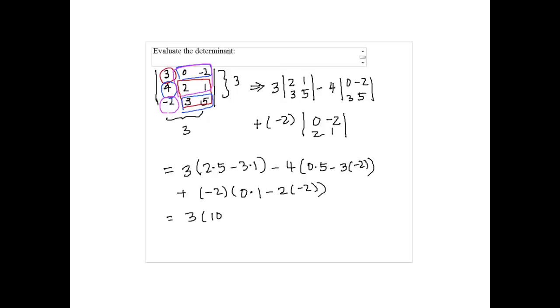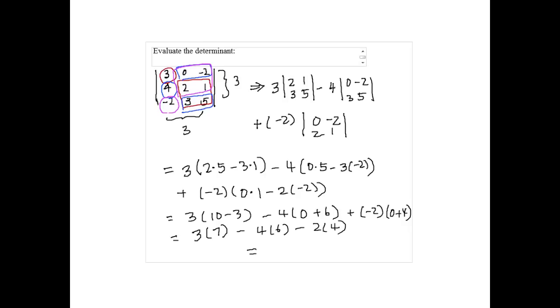So we have 3 times 10 minus 3, minus 4 times 0 plus 6, plus -2 times 0 plus 4. So 3 times 7 minus 4 times 6 minus 2 times 4, which is 21 minus 24 minus 8. That will give us negative 11 as the answer.